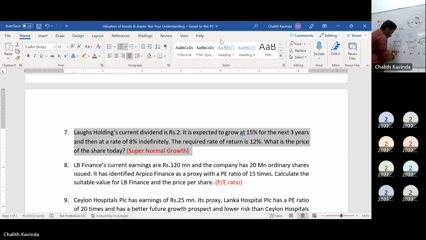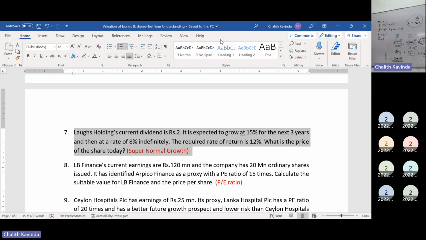Okay, good. So you have this value, this value, this value, and please add this value as well. Accordingly, you are getting the price of the share as how much? 65. The price of the share is equal to 65.